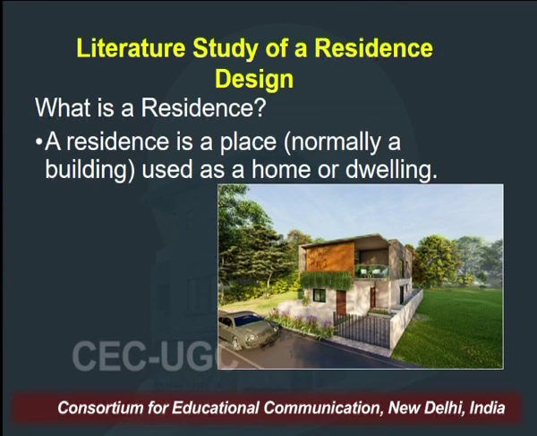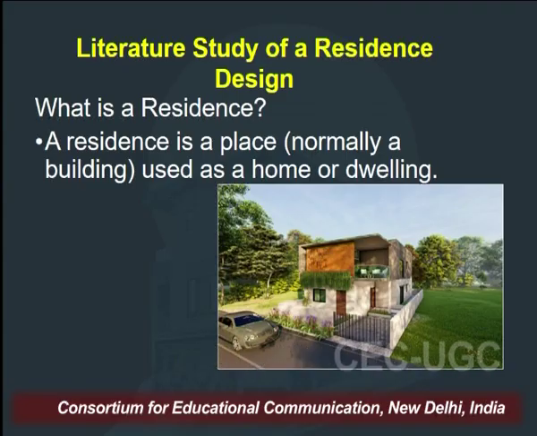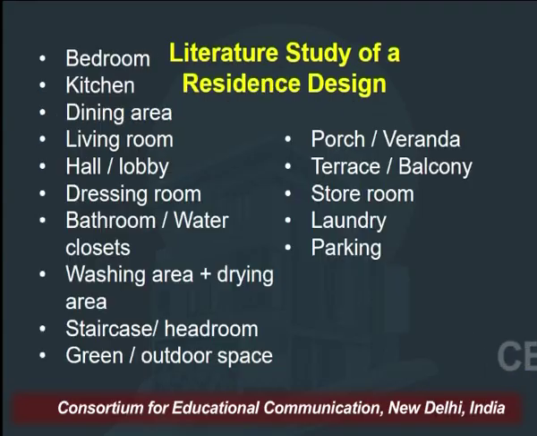So, for the literature study of the design, first you need to understand what is a residence. We all know a residence is a home, it is a house. A residence is a place, normally a building used as a home or a dwelling. So, for the literature study of the design, we need to understand what are the spaces that are part of the house.